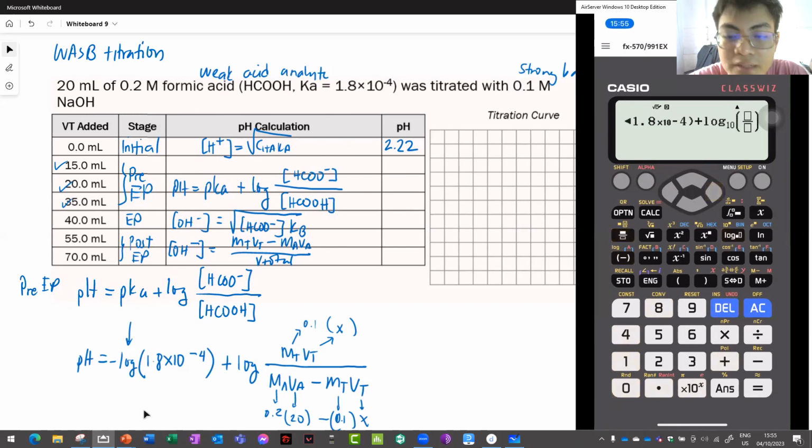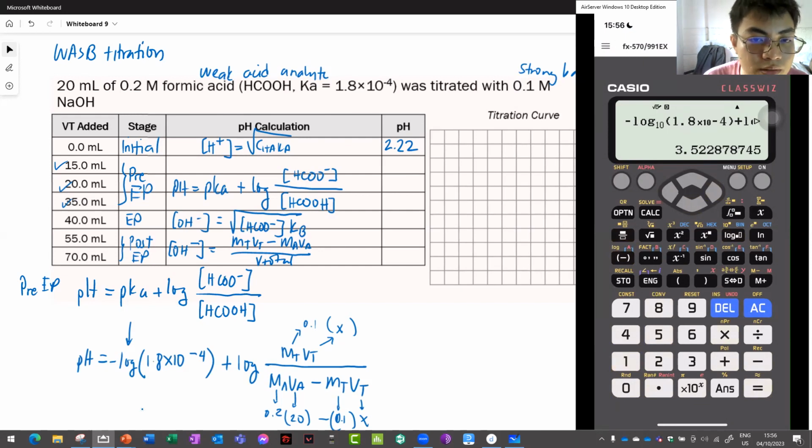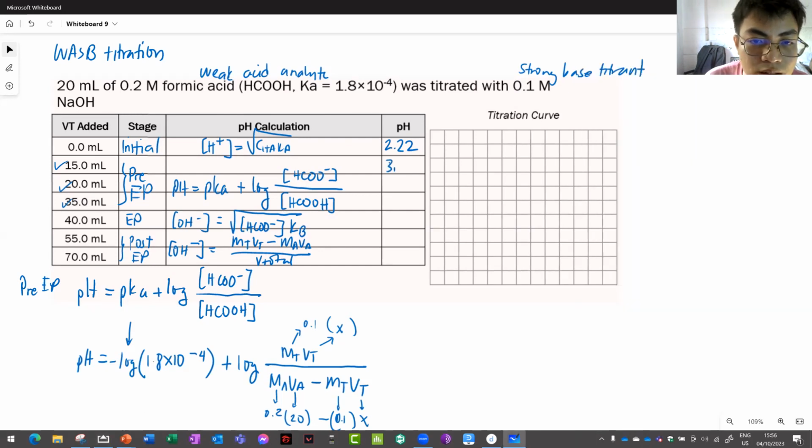So gawin natin yung 15 ml. So 0.1 times 15 divided by the MAVA, 0.2 times 20 minus the MTBT, 0.1 times the 15. So it's 3.52. No? So 3.52 dito.